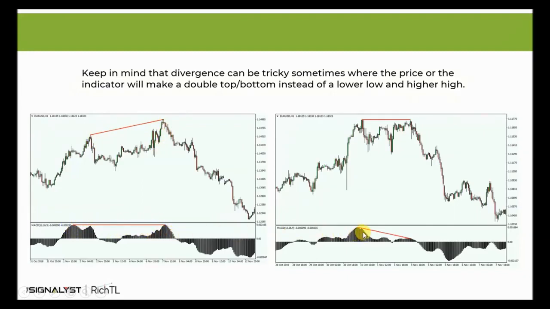And in this example, MACD made a lower high, while price made equal highs instead of a higher high. And exactly the opposite in case of a regular bullish divergence. These types aren't as strong as the classic divergence, but are still considered as divergences.